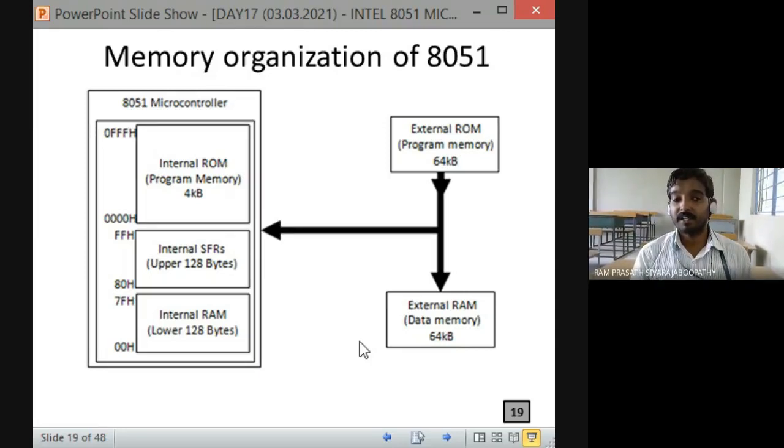In the 8051 microcontroller, which computer architecture is followed? When we say Harvard architecture, we have to note one thing: what about the bus? Whether we have different buses for program and data, as you can say on seeing this diagram, or a common bus.